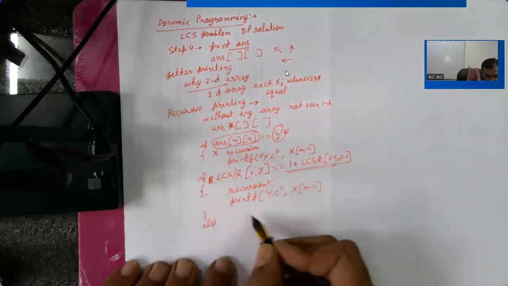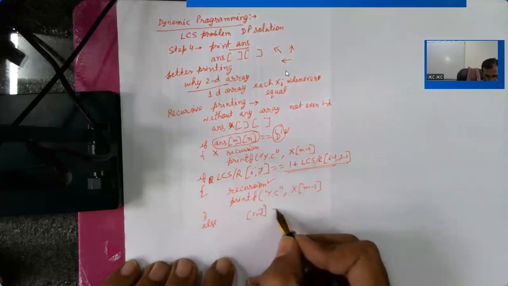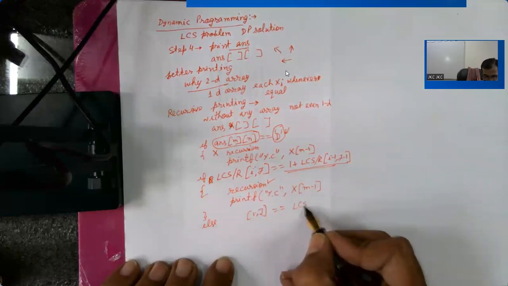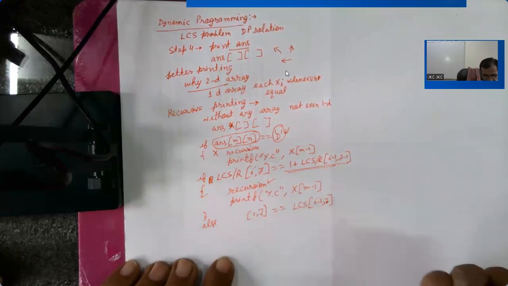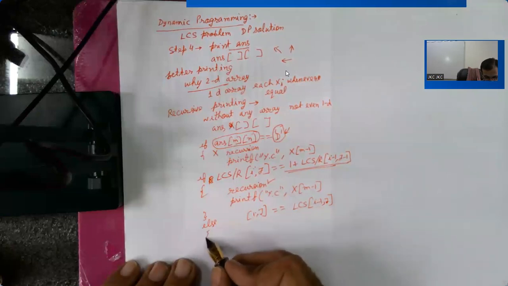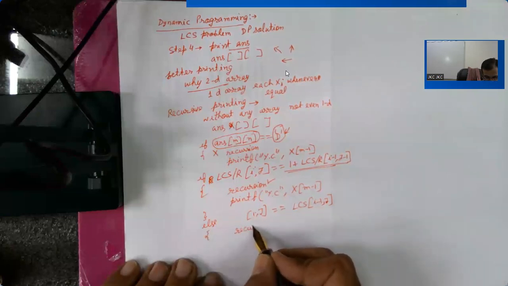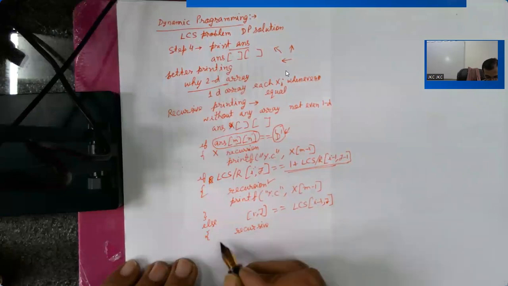Similarly, else I can find out whether my ij element was equal to LCS of I minus 1, j or i, j minus 1. And accordingly, I can have a recursive call, and else I can have the other side.